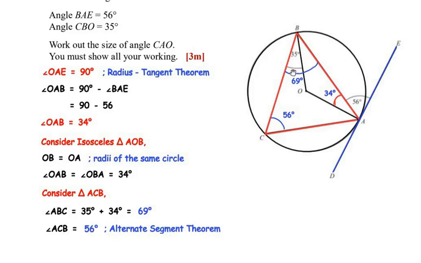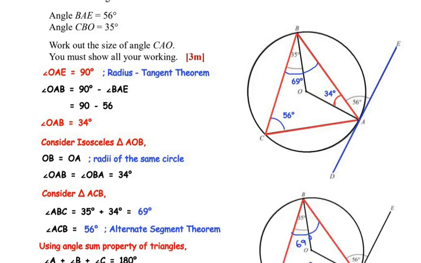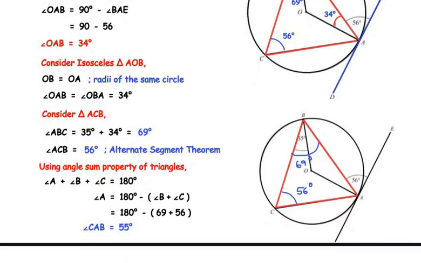Now we have got two angles of this triangle, that is angle B and angle C. Now let us try to find out this angle A by using the angle sum property of a triangle. So we have redrawn this figure over here for easy reference. And here we have written, using the angle sum property of triangles for triangle ABC, angle A plus angle B plus angle C will be equal to 180 degrees. Now since we are trying to find out angle A, we are going to take angle B and C, whose values we have got, on the other side of the equal to sign.